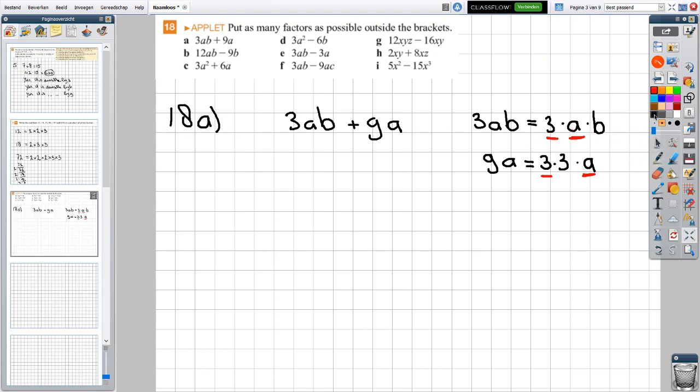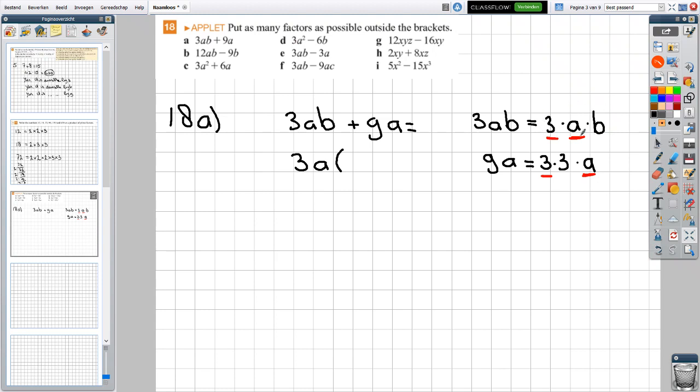How does this work now? Well, the numbers and letters that I've found are common factors, I'm going to write down in front of my brackets. So in this case, 3a. Leave out the multiplication dot, right? Then you open your brackets and now you write down what is left in this term and in this term.